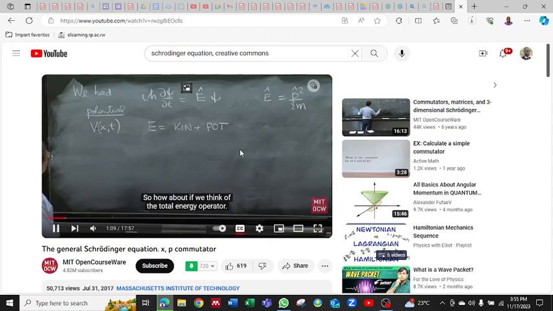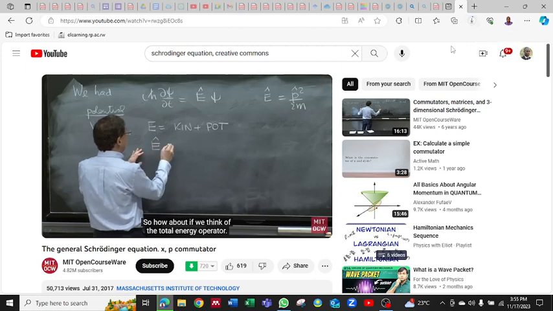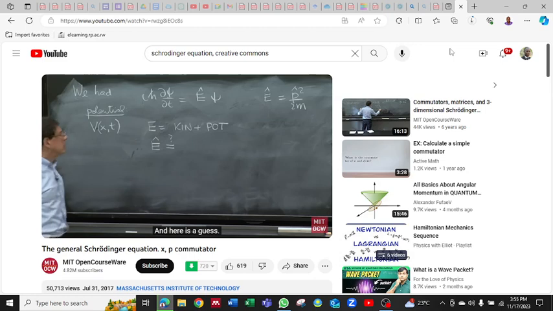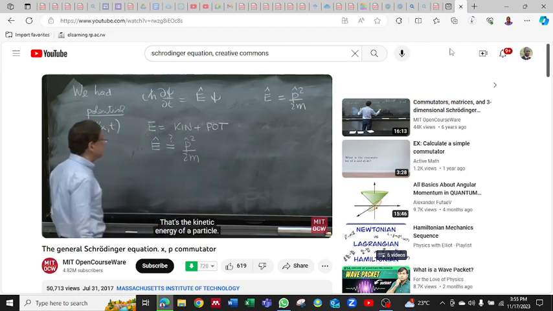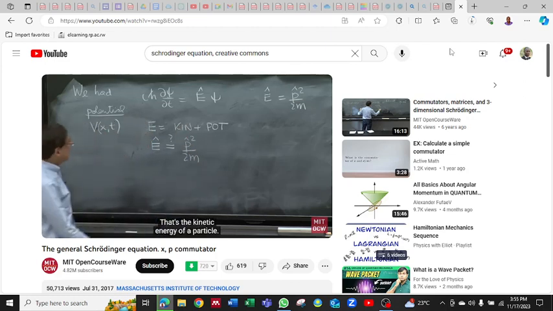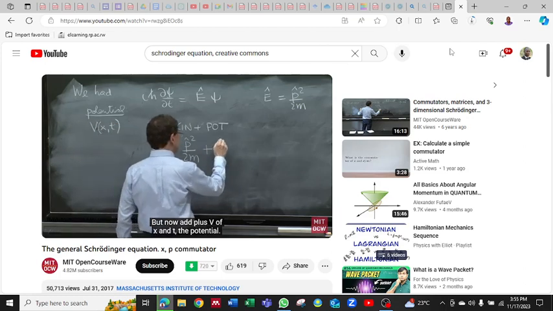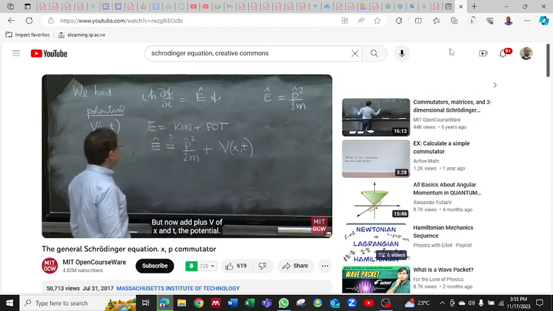So how about if we think of the total energy operator, and here's a guess. We'll put just p squared over 2m, what we had before, that's the kinetic energy of the particle, but now add plus V of x and t, the potential.